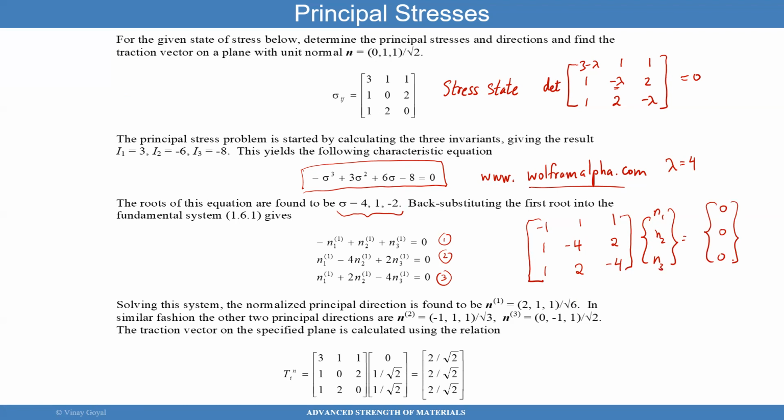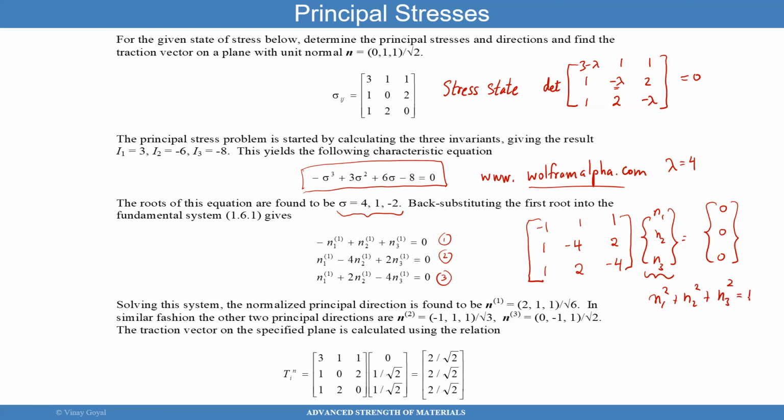Then based on that, I can solve for each of the eigenvectors. I get 3 eigenvectors, and one condition is that this needs to be a unit vector, by the way: n1 squared plus n2 squared plus n3 squared equals 1.